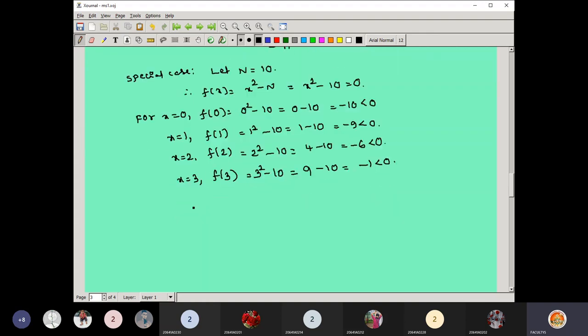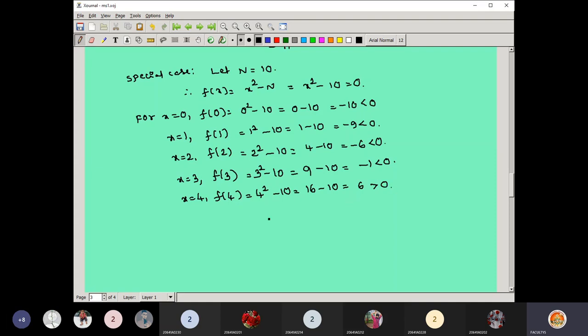Next, x equal to 4, f of 4 is 16 minus 10, which is 6, greater than 0.